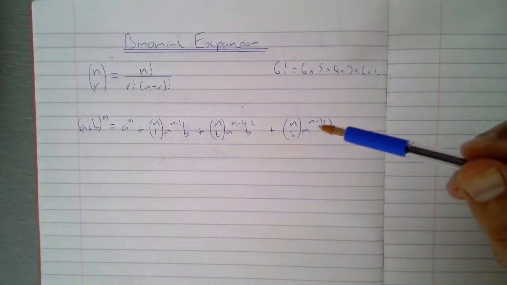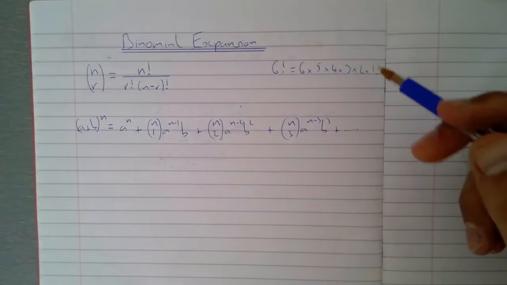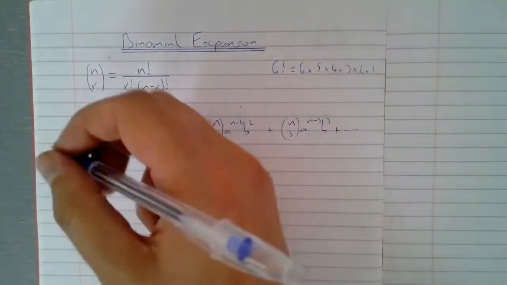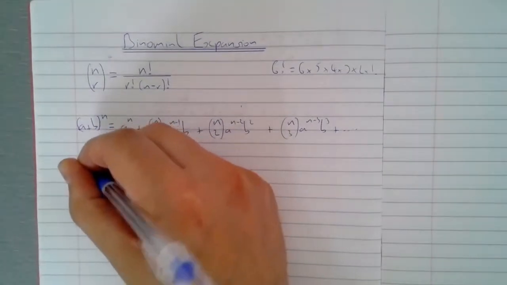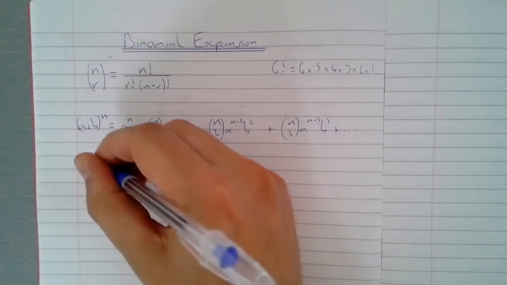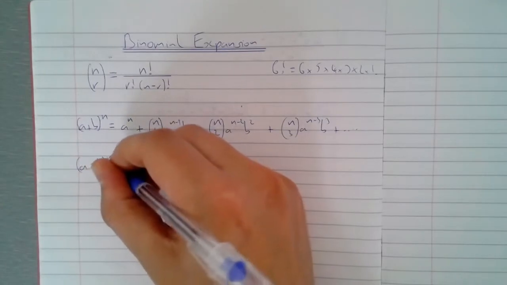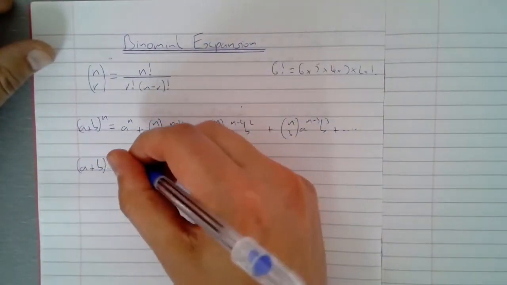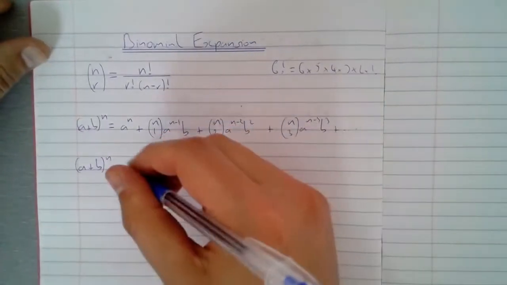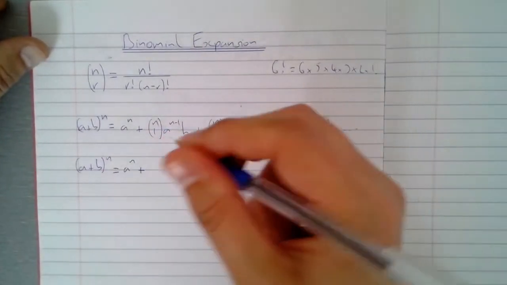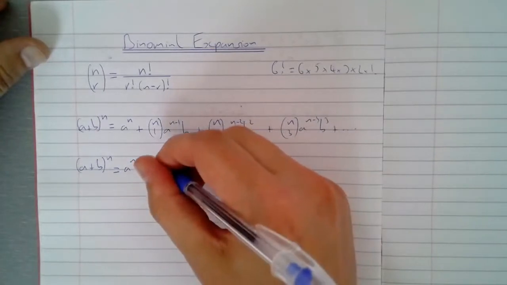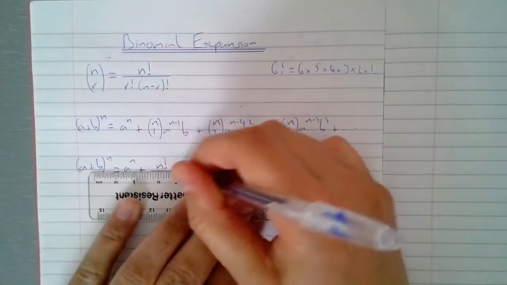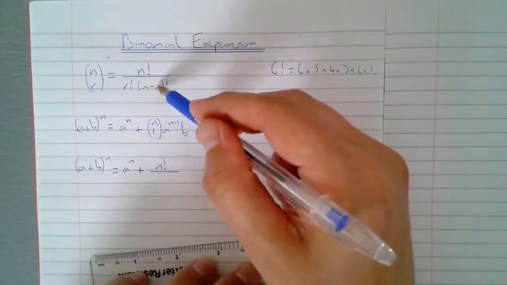And what we want to do is just take this a little bit further by sticking this bit in instead and see what happens. So if I stick this formula in instead, this becomes a bit more messy, but hopefully I can write it down still. So I'm going to get n factorial over, well, 1 factorial is 1, n minus 1 factorial.